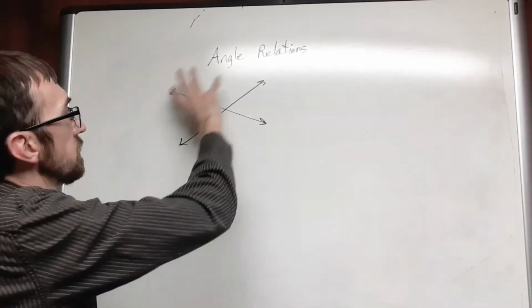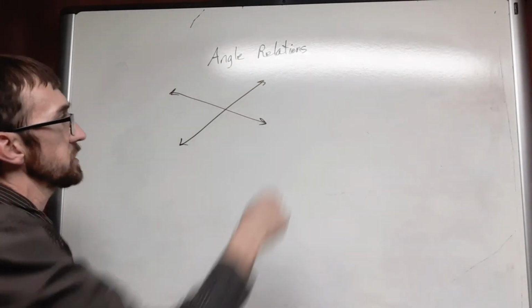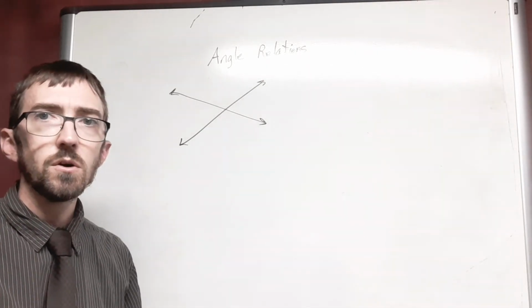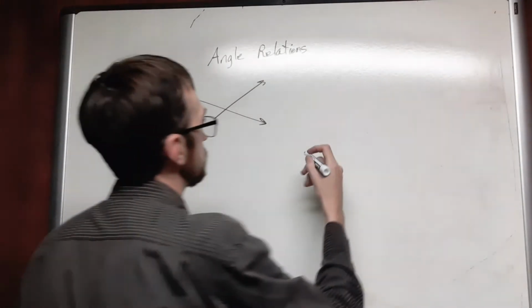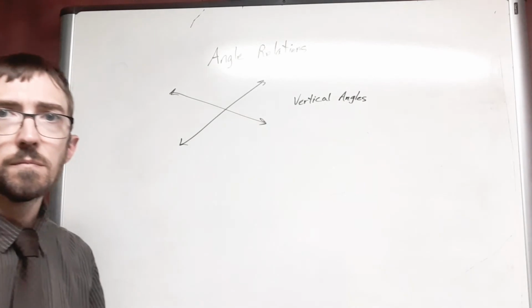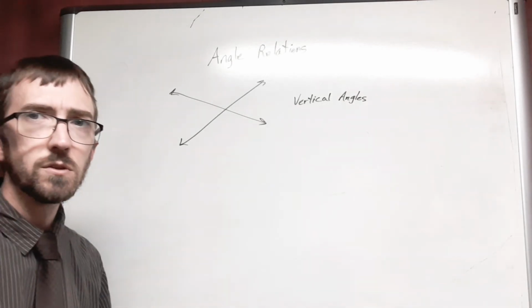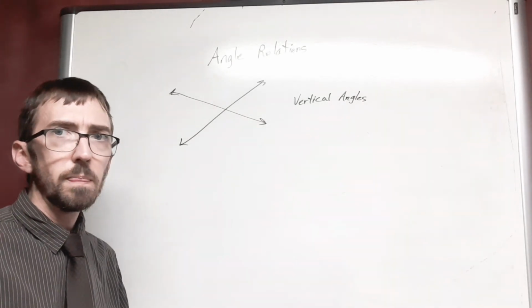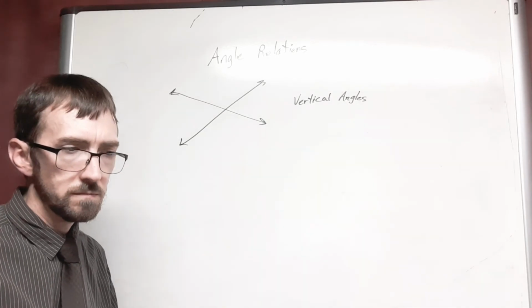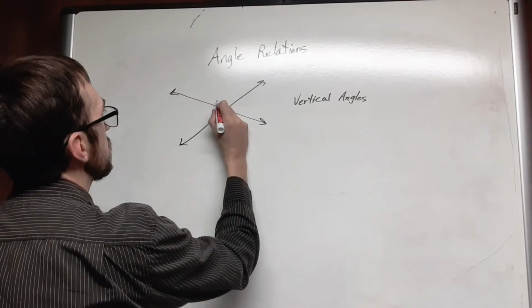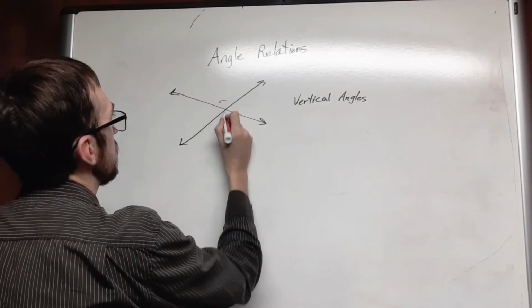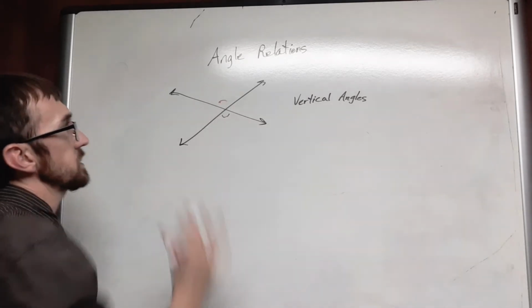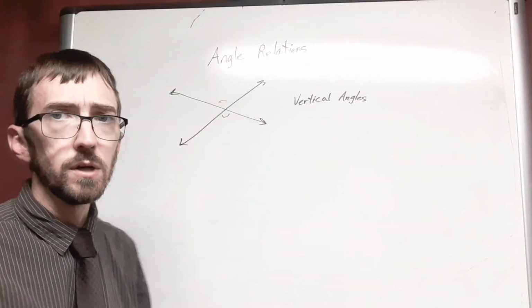When we have two lines that intersect each other, we're going to call these vertical angles. Part of the reason that these are vertical angles could have to do with the fact that these angle measures that are opposite of each other are congruent.